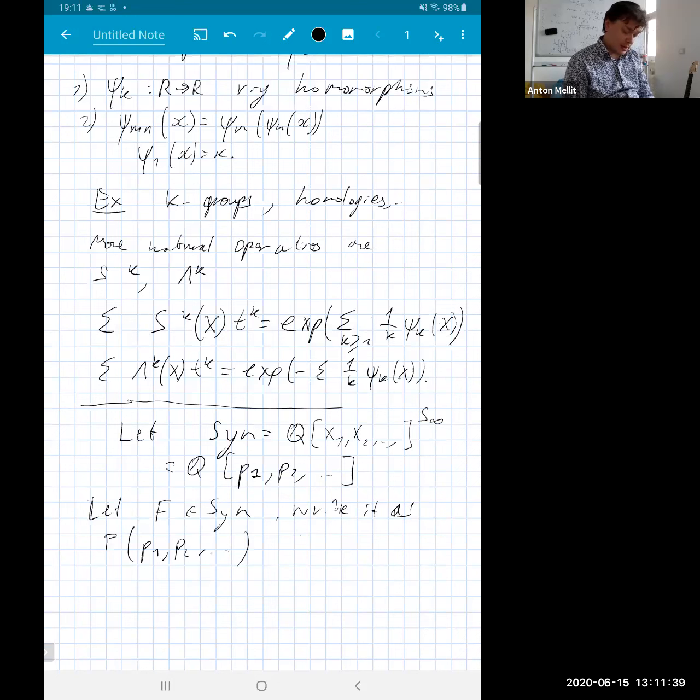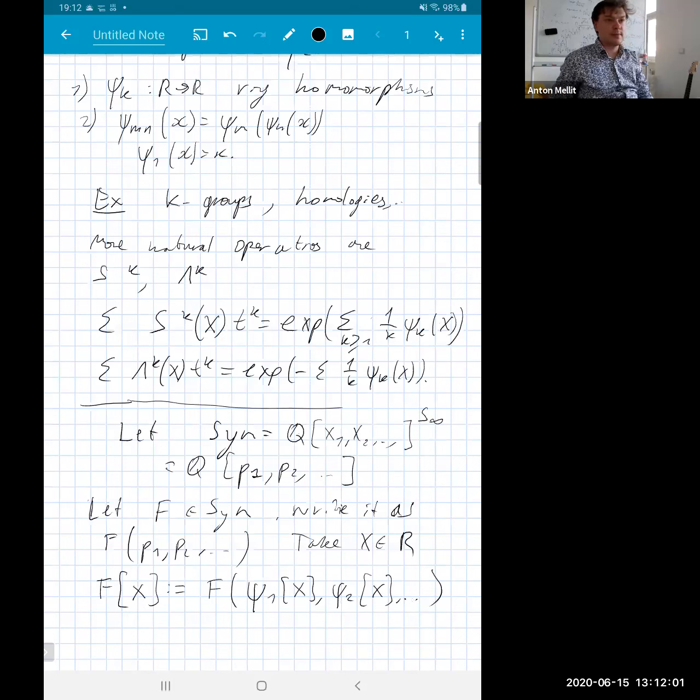Then take X in some lambda ring, then f of X is defined by just evaluating this on Adams operations on X. This is called plethystic substitution.